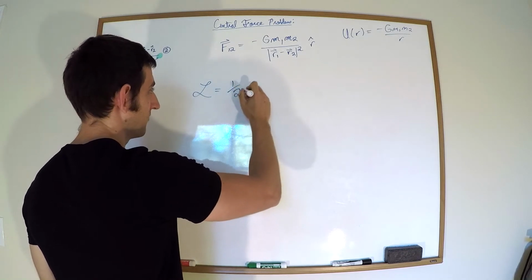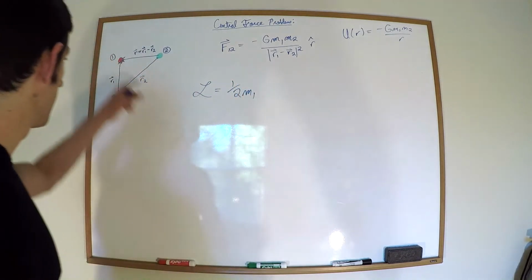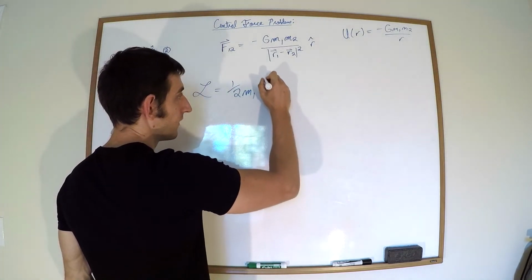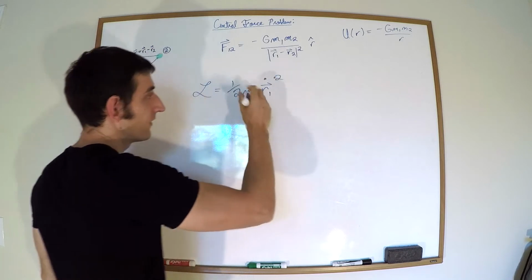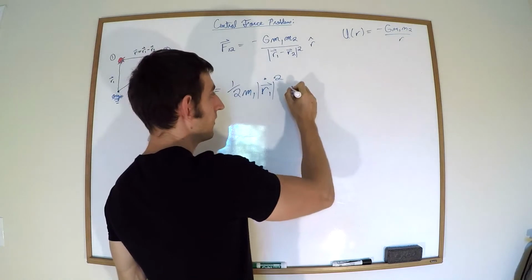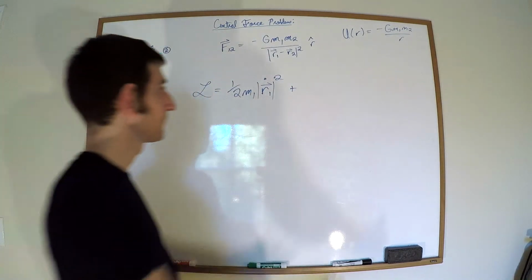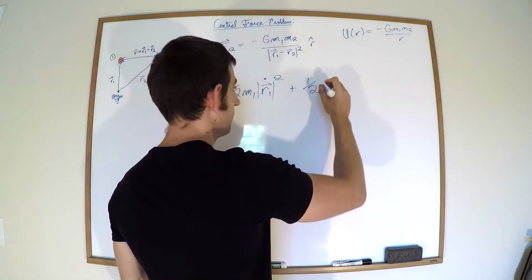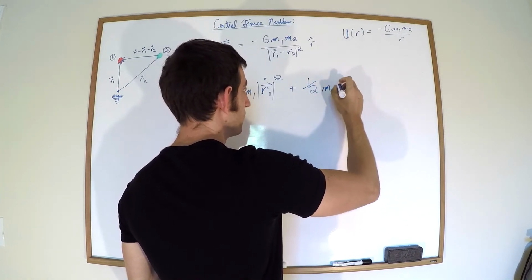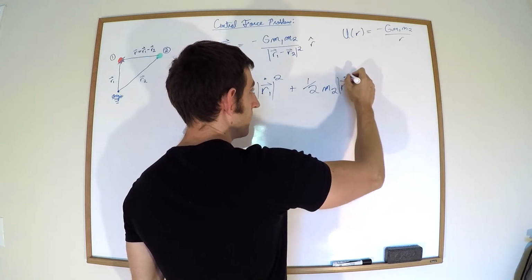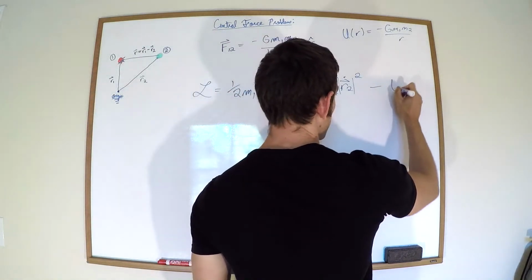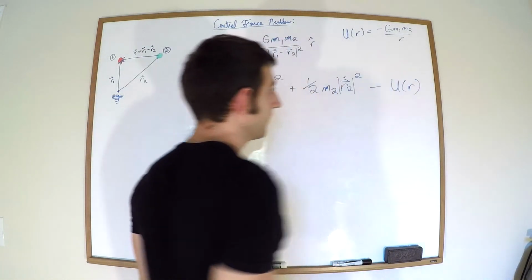That's just one half m1 R1 dot squared, basically the magnitude of that, and we add on the kinetic energy of the other body, plus one half m2 R2 dot squared. And then we subtract the potential energy, so minus U of R. Okay, so we could have done that.